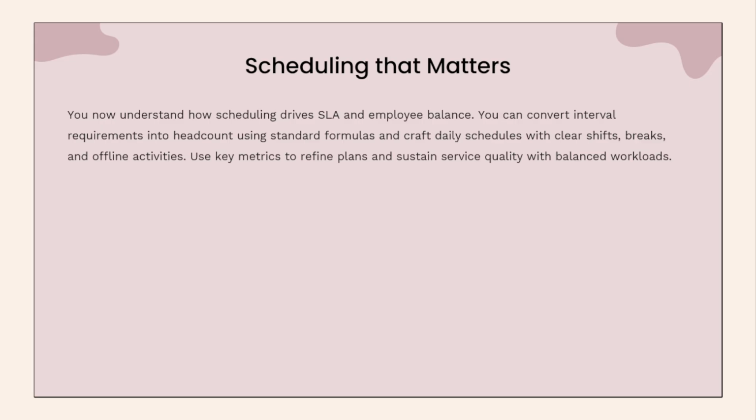Scheduling that matters. So now we have understood how schedule drives SLA and employee balance. Now we can convert interval requirements into headcount using standard formulas and craft a daily schedule with clear shift breaks and offline activities. We will be using key metrics to refine plans and sustain service quality with balanced workload. So we now have an understanding of how schedules are prepared.